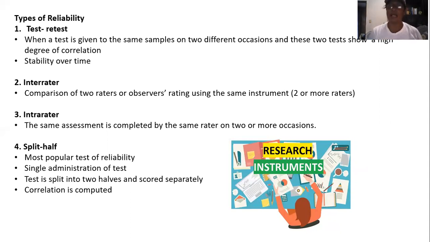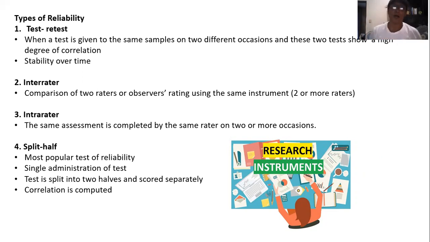Number two type of reliability is inter-rater. The questionnaire will be evaluated by two or more experts or authorities, and the result of their rating or evaluation is highly correlated. Okay? So that's for inter-rater.